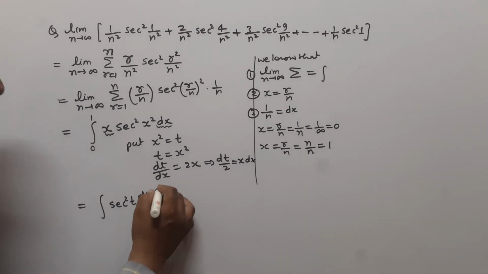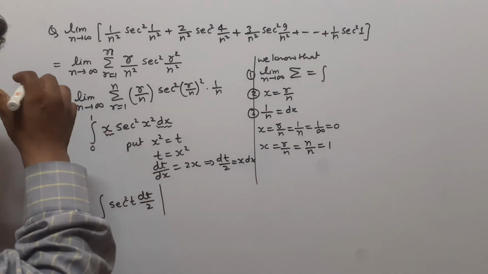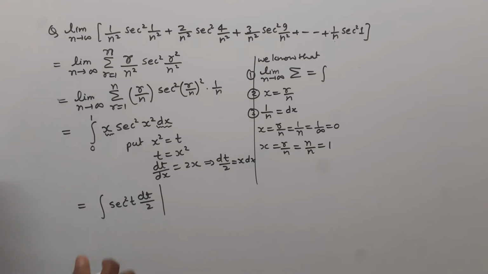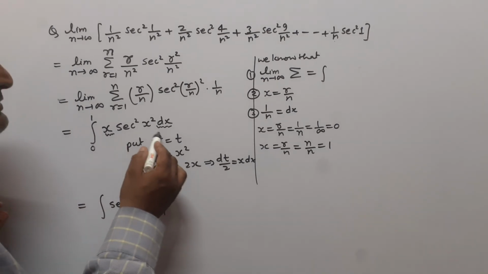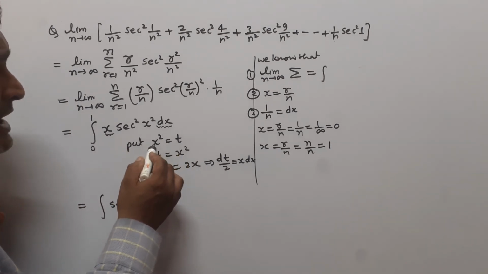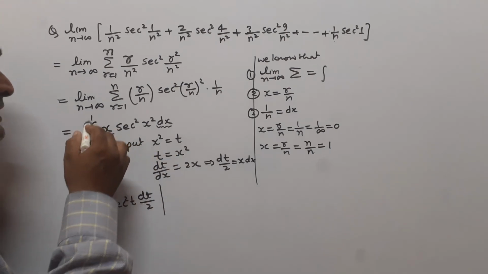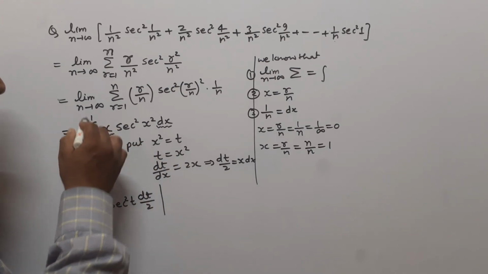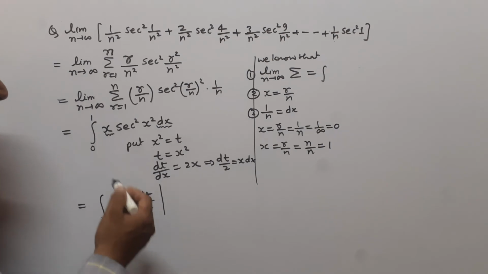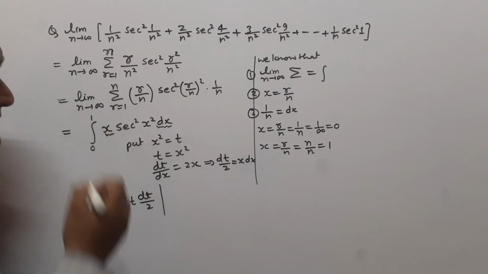Now we change the limits, because we substituted x square equal to t. The limits here are according to x, so now we change them according to t.